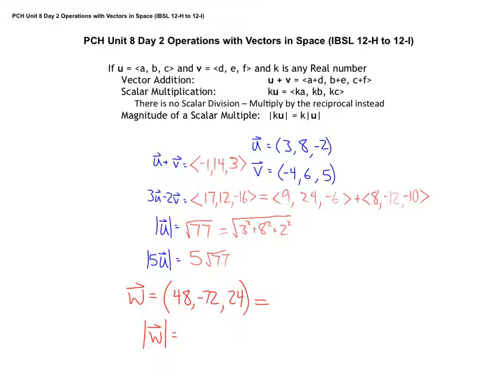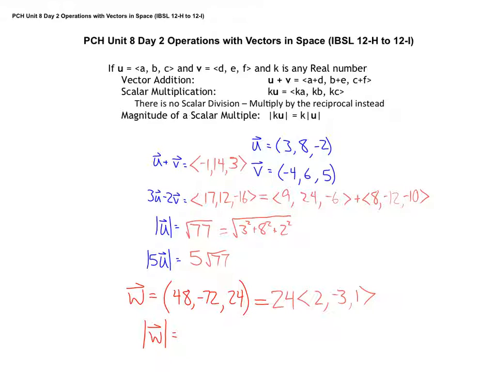And that's what I wanted to get at here with vector w. If you notice, vector w has 3 components with a common factor of 24. Okay? You might have seen 12, but either way, you would see that we could write this as a multiple. I'm going to write this as 24 times the vector 2, negative 3, and 1.